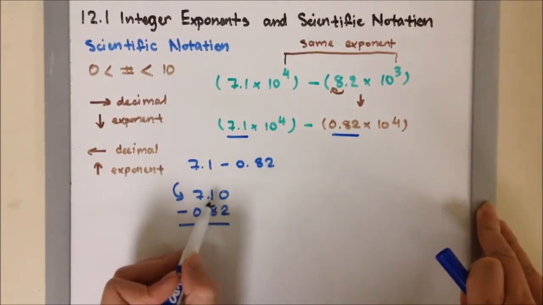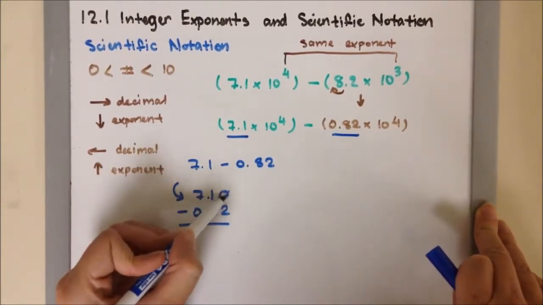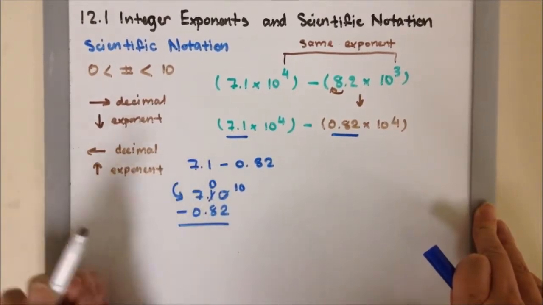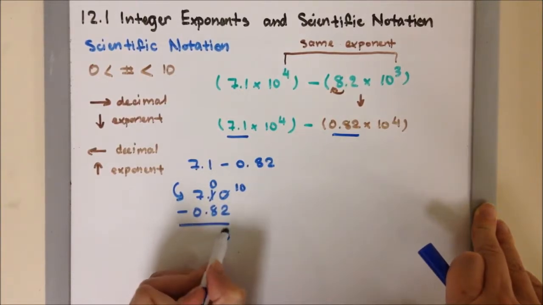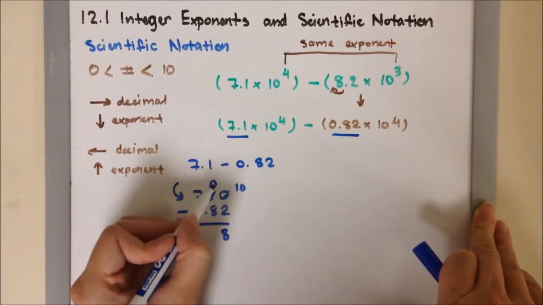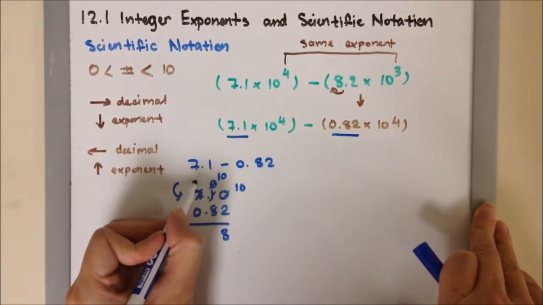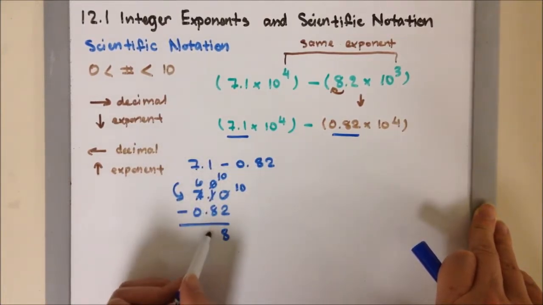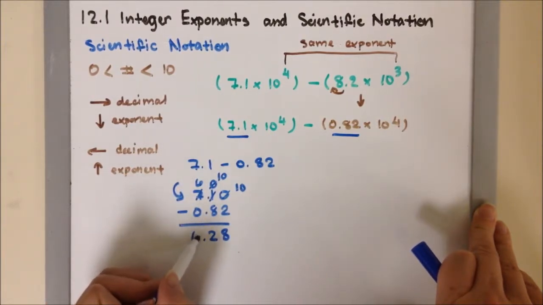So here when we're subtracting 0 minus 2, I need to convert this to a 10, take 1 away from this number, so this becomes 0. So 10 minus 2 is 8, and then here is the same thing, so I need to convert this to a 10. That means I need to take 1 away from 7 and change that to 6. 10 minus 8 is 2, and then this will be 6.